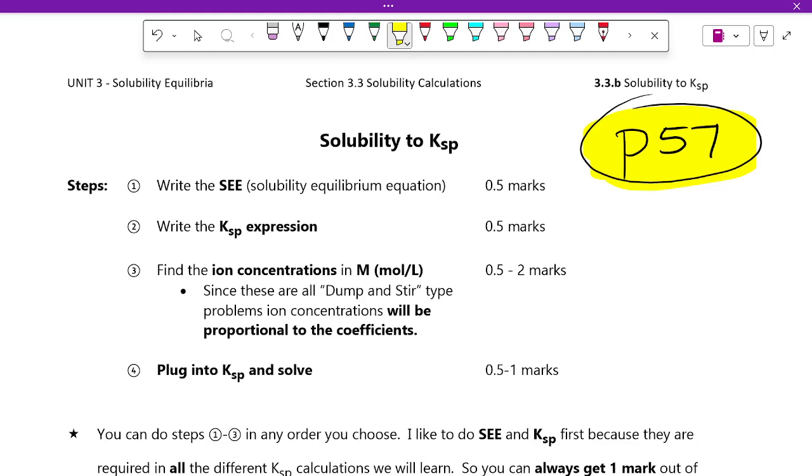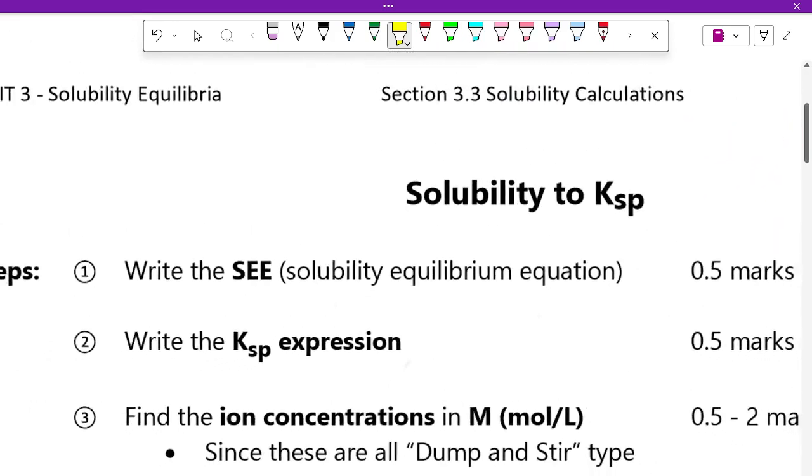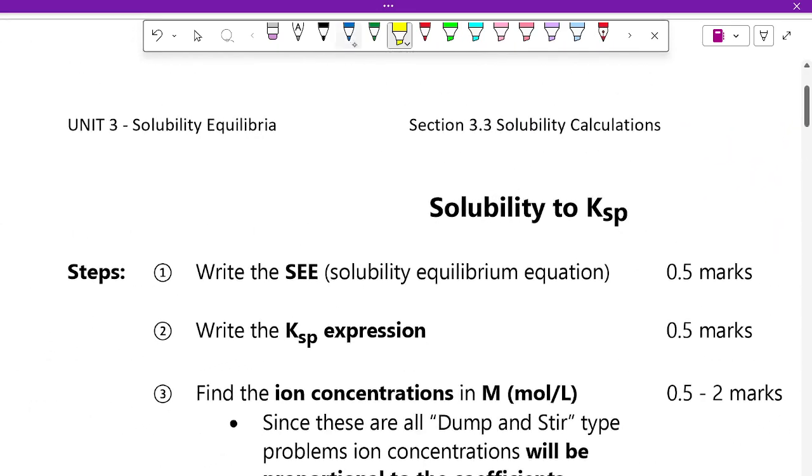This is easy. We actually already did this yesterday. So basically it involves, if we're given the solubility, which is the concentration of a saturated solution.